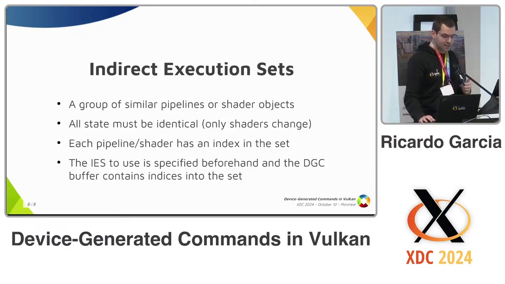Inside each set, each pipeline gets an index, and you can change the pipeline used for each of the sequences by first specifying the execution set in advance, second, using an execution set token, and then storing the pipeline index in the DGC buffer for each sequence.